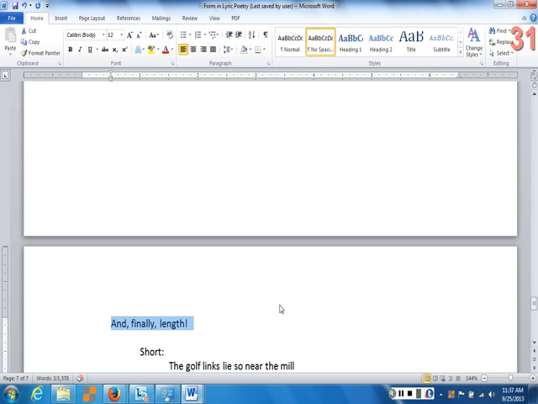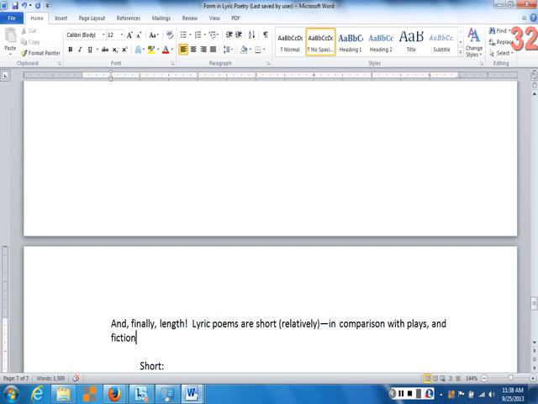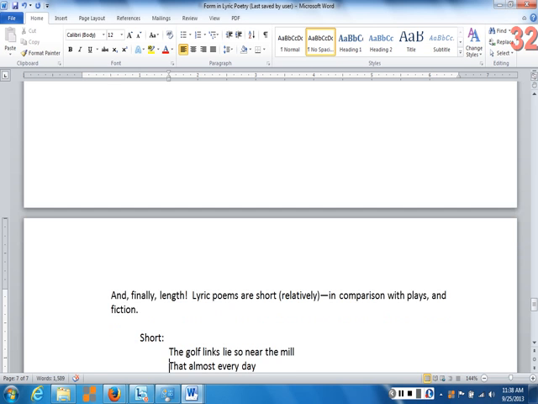This is one of the things that defines a lyric poem, in contrast with the other genres of poetry, of literature, okay? Lyric poems are short, relatively. Okay? And meaning in comparison with plays, that is drama, and fiction, that is short stories and novels.